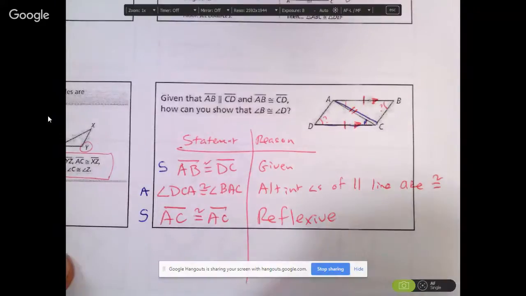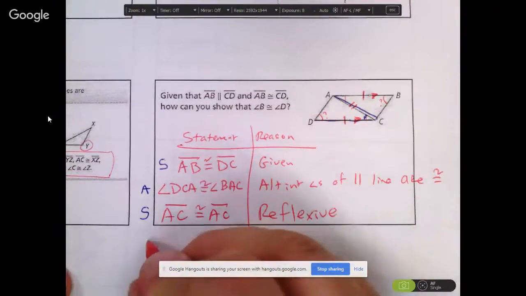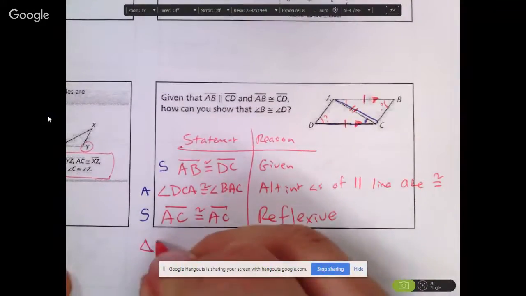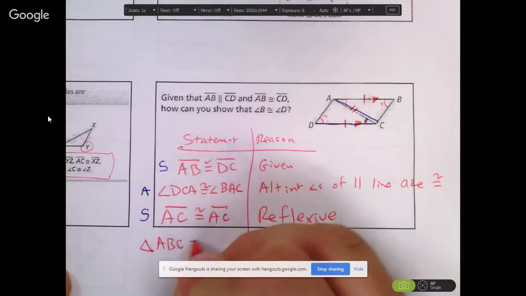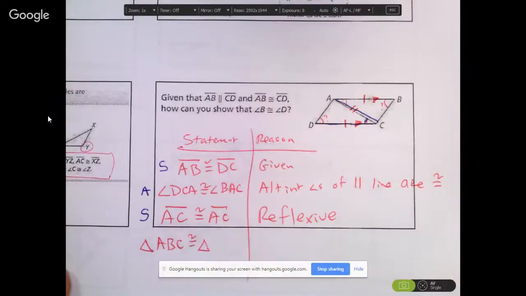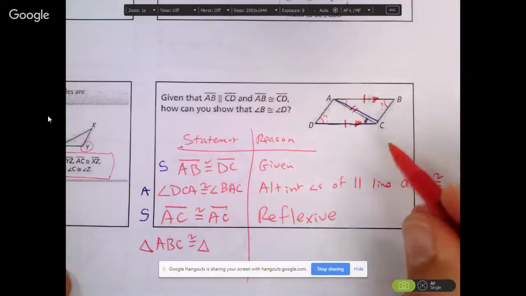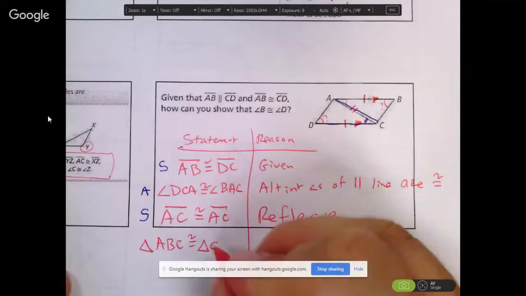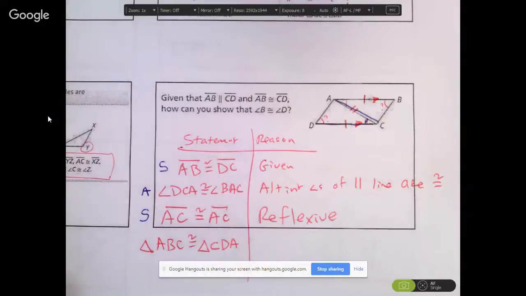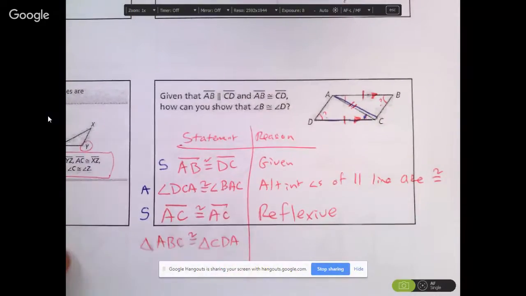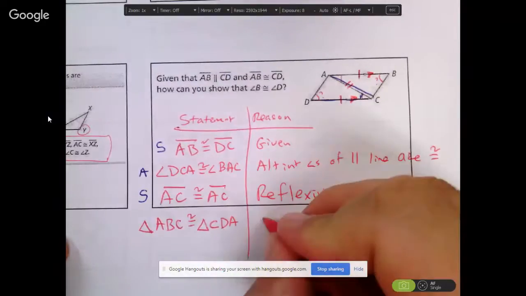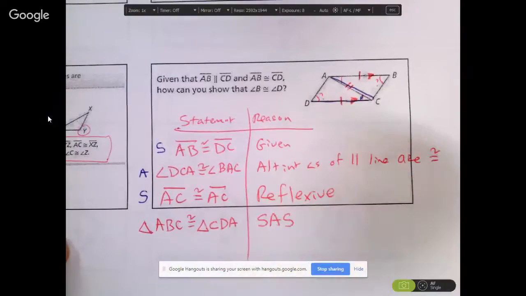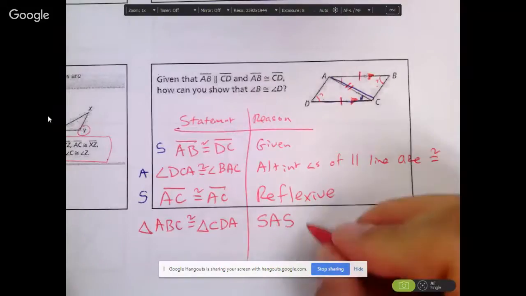So I'm going to now say that triangle ABC is congruent to triangle CDA. I like to get the letters right, in the same order. What allows me to say that? Side angle side postulate.